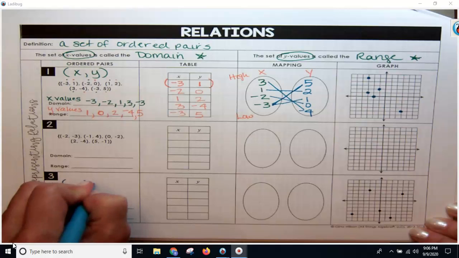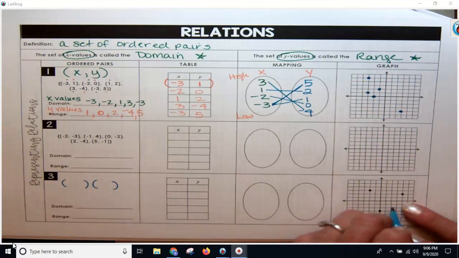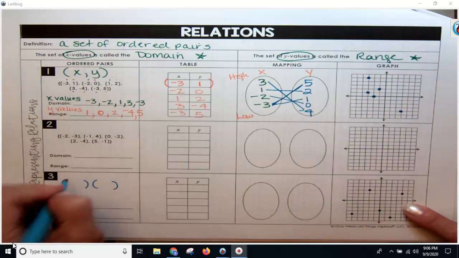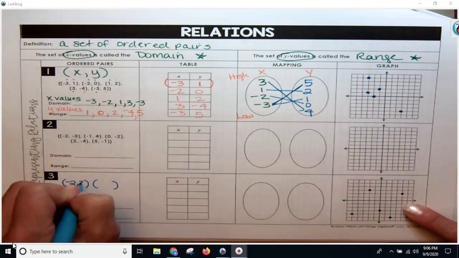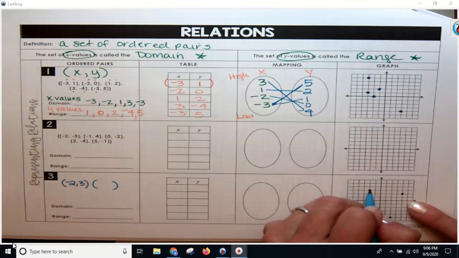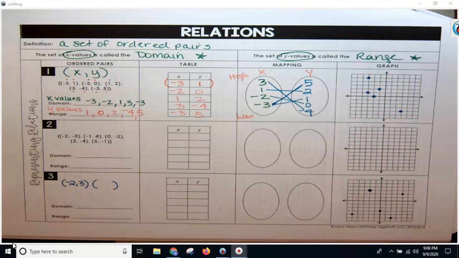I'm going to create all my ordered pairs first. So this one I would go -2, 1, 2, 3 and put -2, 3. And then just do each one of those. All right. And then you can fill in the rest of the stuff after you get your ordered pairs. So pause the video now and see.